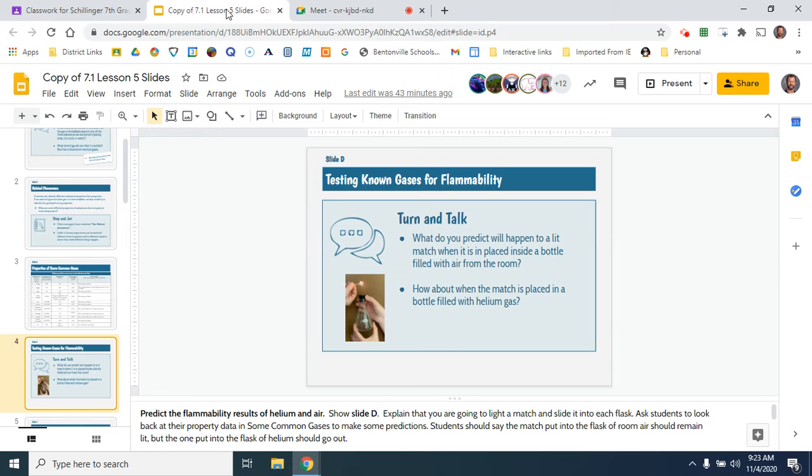Now, unfortunately, I don't have helium, because slide D says, how about if I place the match in a bottle filled with helium? We are unable to get any helium right now.